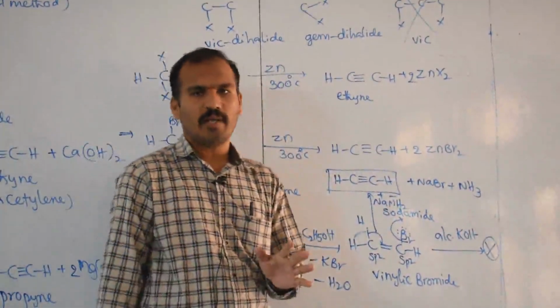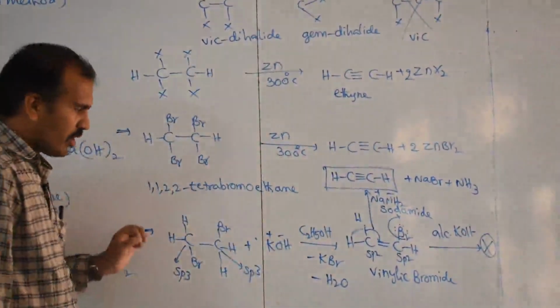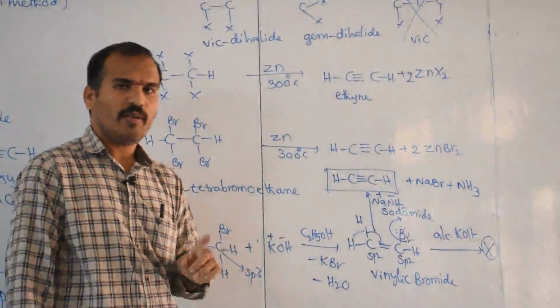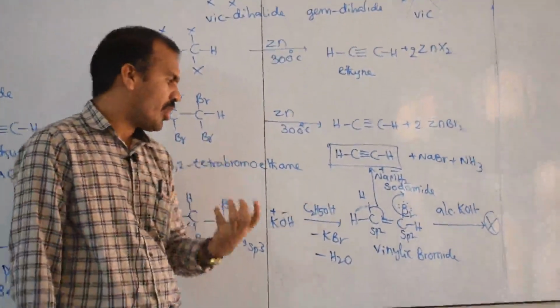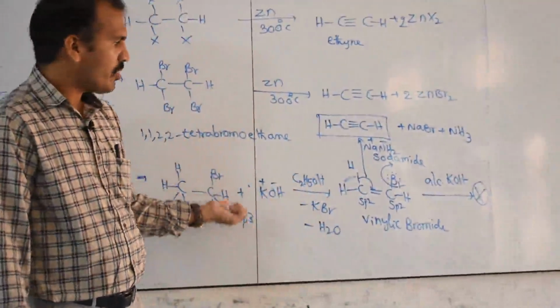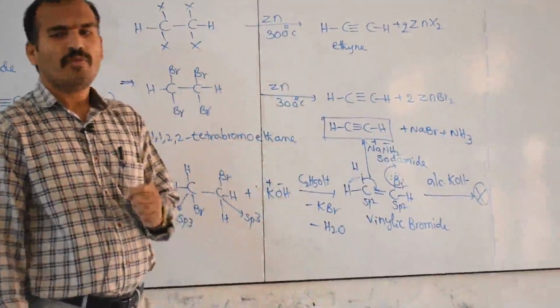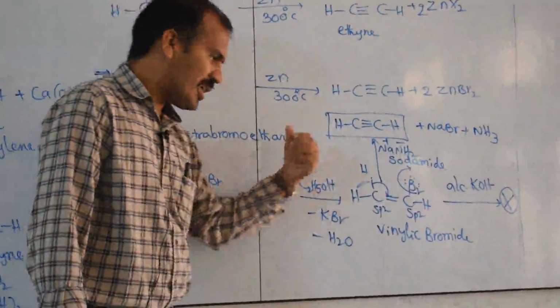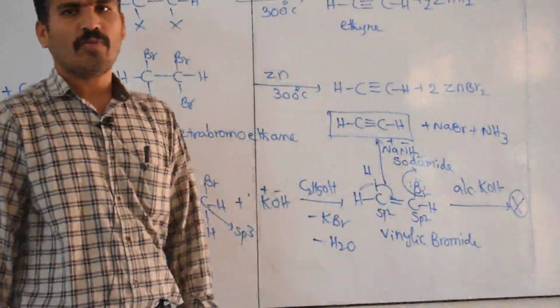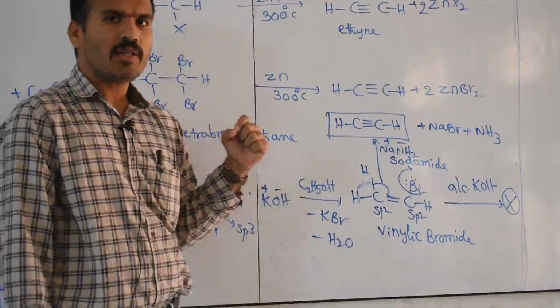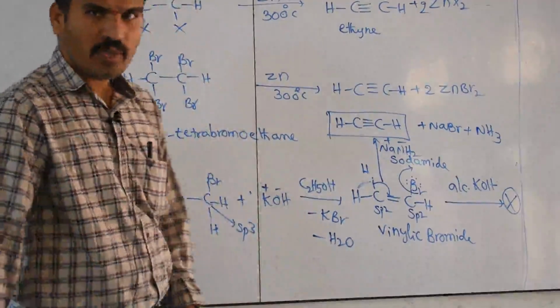But keep in mind, if you are confused, this is present in your textbook. If you are confused about when we have to use alcoholic KOH and when to use NaNH2 sodamide, then if you feel difficulty in both first and second step, use sodamide only, no problem, because that is a very strong base. Okay.